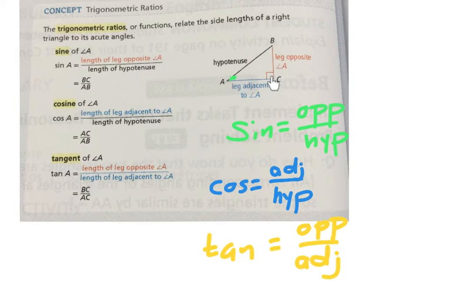My adjacent leg is segment AC. So tangent of A would be BC over AC in this example. So this is very arbitrary. It's kind of hard to understand with all of these segment lengths instead of actually numbers. So let's do a couple problems with numbers, and maybe that'll make it a little more clear.